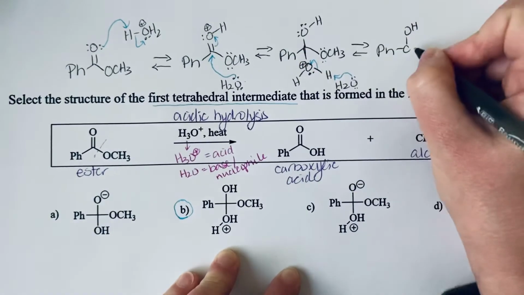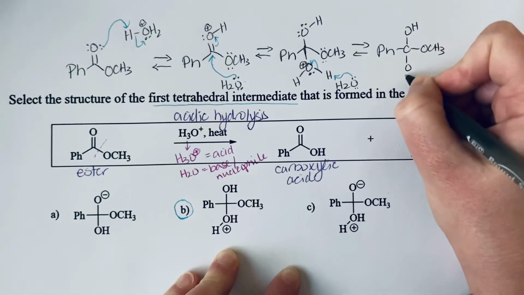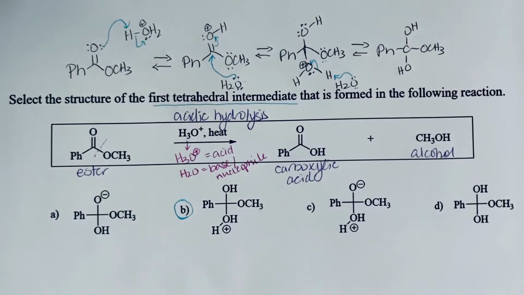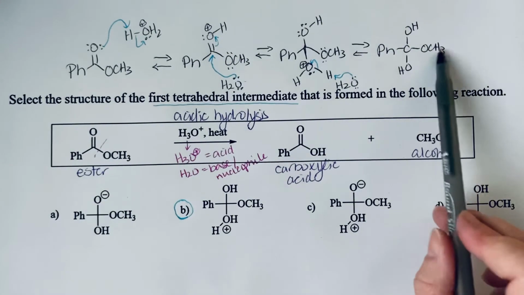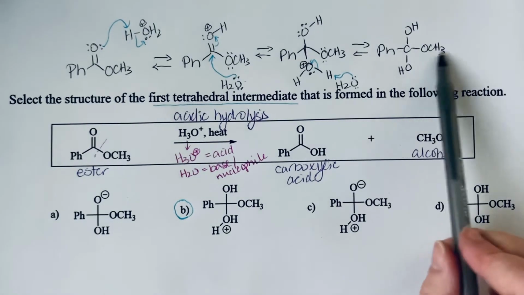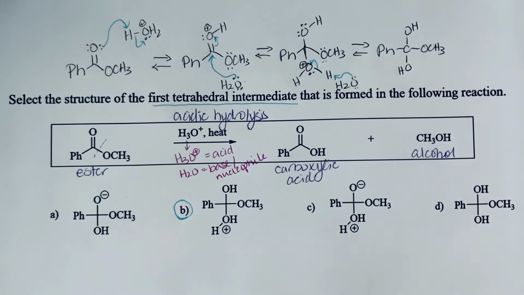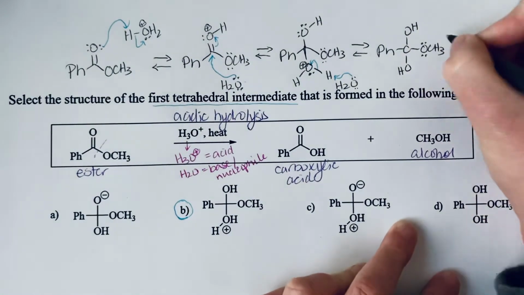Okay, so we've got the OH on the top, OCH3, and now just OH on the bottom, so this is neutral. And what we need to do to get to these products is we need to get this methoxy group being a good leaving group. It is absolutely not going to leave as OCH3-, which is a relatively strong base in acidic solution. So we need to protonate this to make it into a good leaving group.